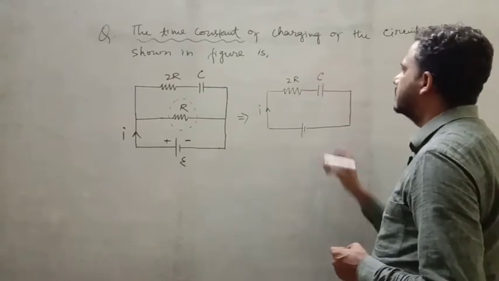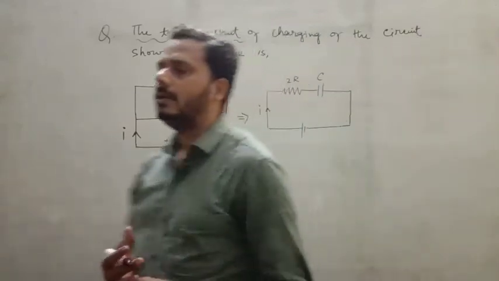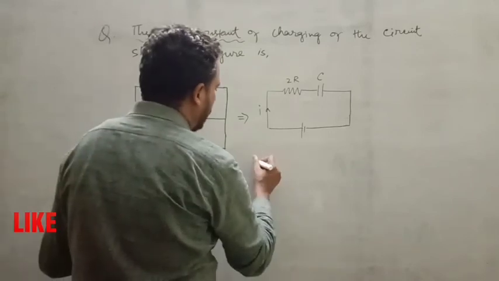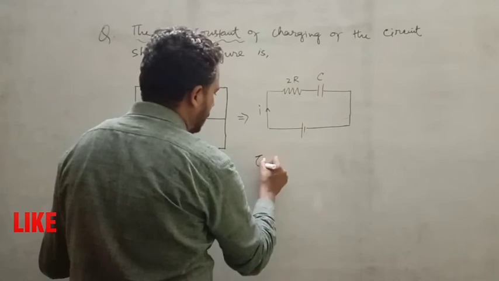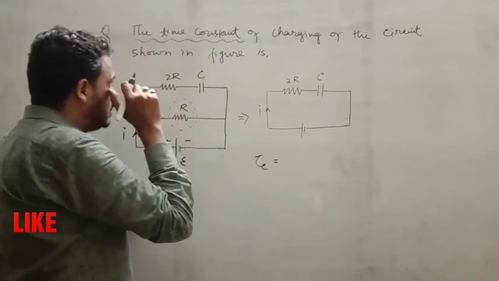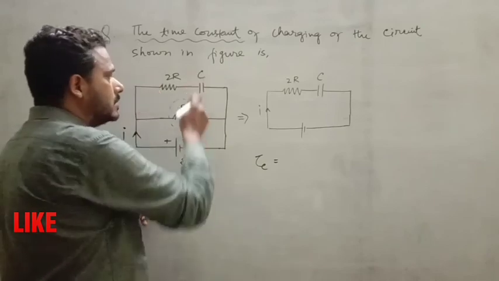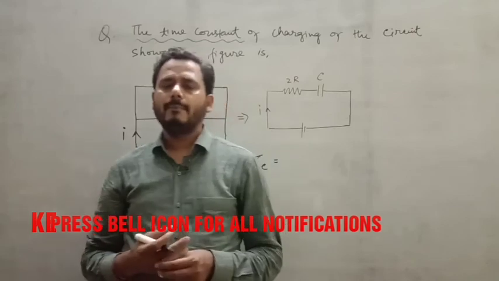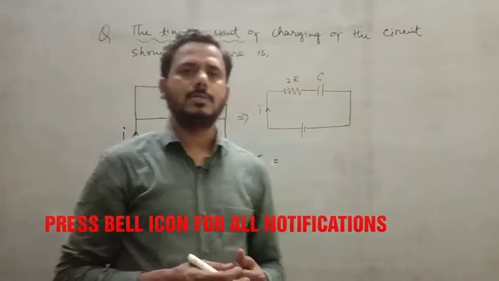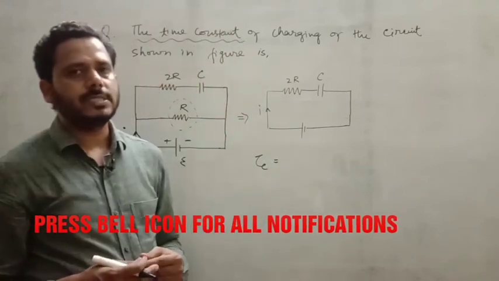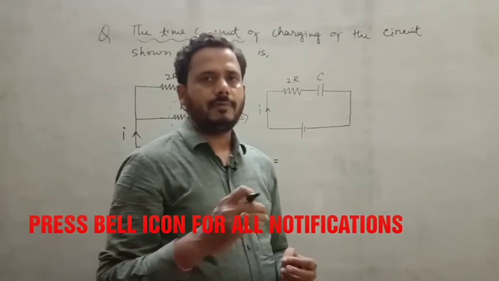So simply now from here you can find your time constant, because you know that time constant is tau C, and because this one is your circuit diagram, a combination of capacitor and resistor only, the relation of time constant is the product of capacitor and resistor.